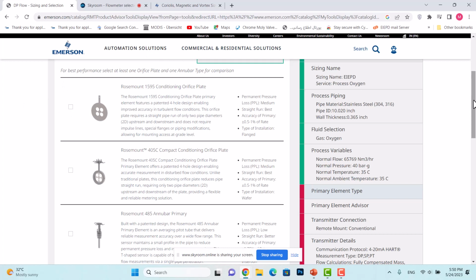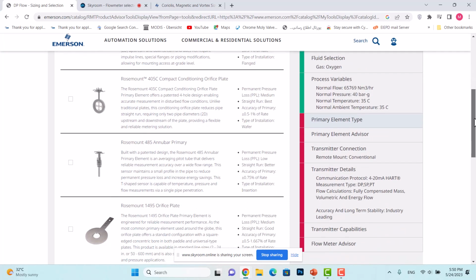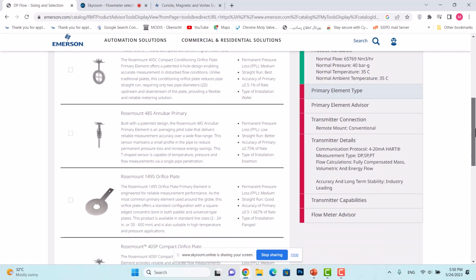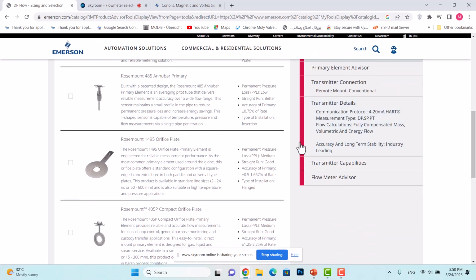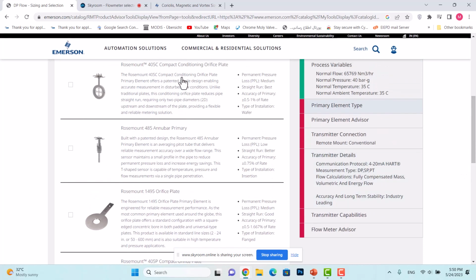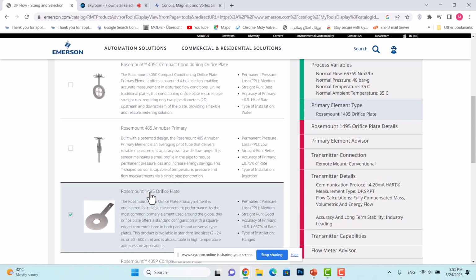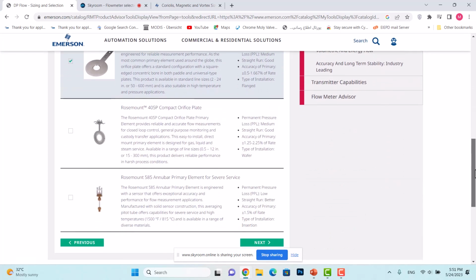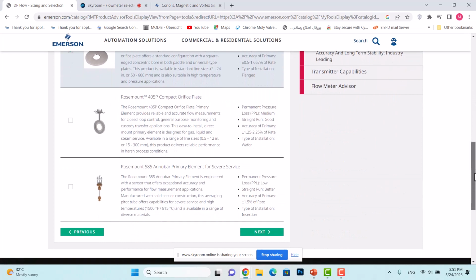Right now my purpose is to familiarize your eyes and your mind with this application, with these elements in orifice flow meters. So we have different orifice plates, compact orifice plates, or let's say annular primary, conditioning orifice plate. We simply select this one. Why? In my videos you're going to find out why I selected this one. Just familiarize yourself with these options.